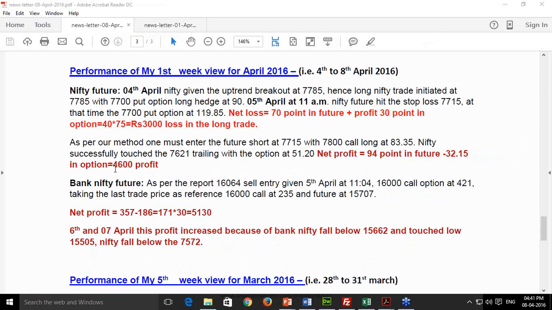So one lot of Nifty gave 1,600 profit and one lot of Bank Nifty gave 5,130 profit. However, the real projection on the 6th and 7th is entirely different. It is far bigger than this. So this is how it performed last week.